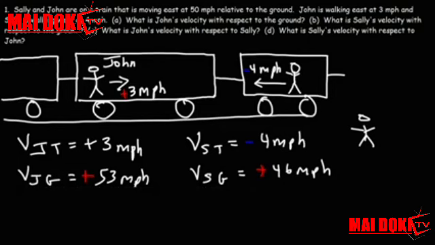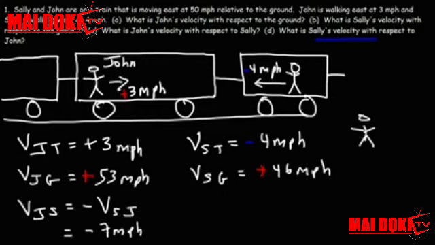Now what is Sally's velocity with respect to John? All you got to do is switch the sign. So VJS is going to equal negative VSJ. So that means it's going to be negative 7 miles per hour. And of course we could use the formula.